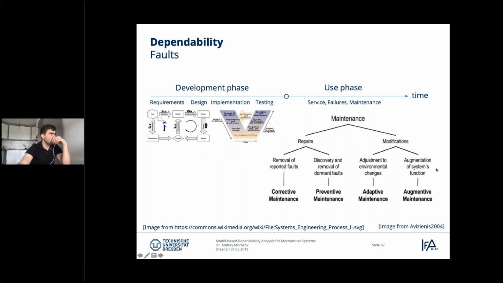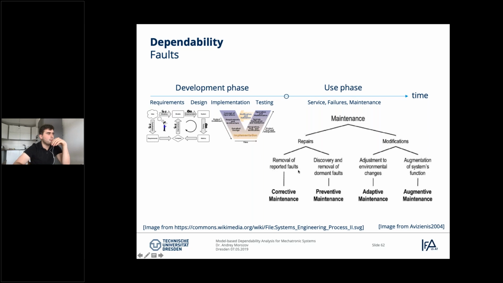So, here we are also talking about the maintenance, which is also defined in this dependability. And the maintenance also could be different. It either deals with repairs or modifications. If it deals with repairs, then either it is corrective maintenance, when we remove the faults which are detected on the system, or it could be preventive maintenance, when we discover and remove dormant faults.